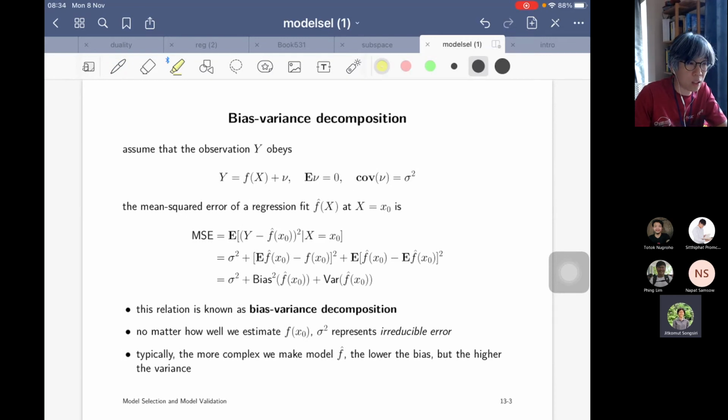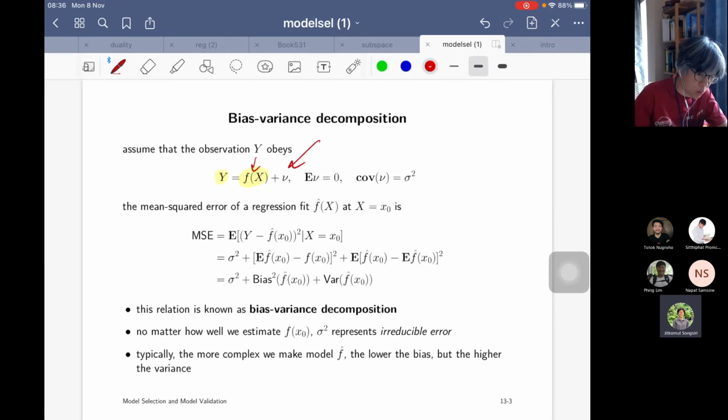We start with the regression model, but it can be in a nonlinear way. Your response y is related to the predictor features, input x, by some nonlinear function f. In general, your f can be linear regression, can be nonlinear, can be, for example, a neural network, or a function of trees, any kind of model.